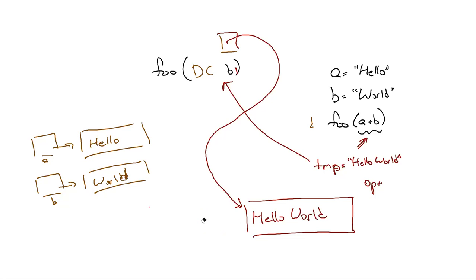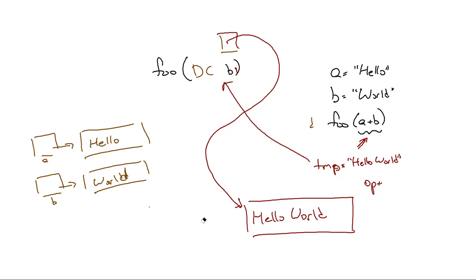Now notice that the final picture is the same picture. We have a local B, which is pointing at heap dynamically allocated memory called hello world, and it's the size that we want, and it's local, and we don't care that temp was there or wasn't there. So the pictures are actually the same.